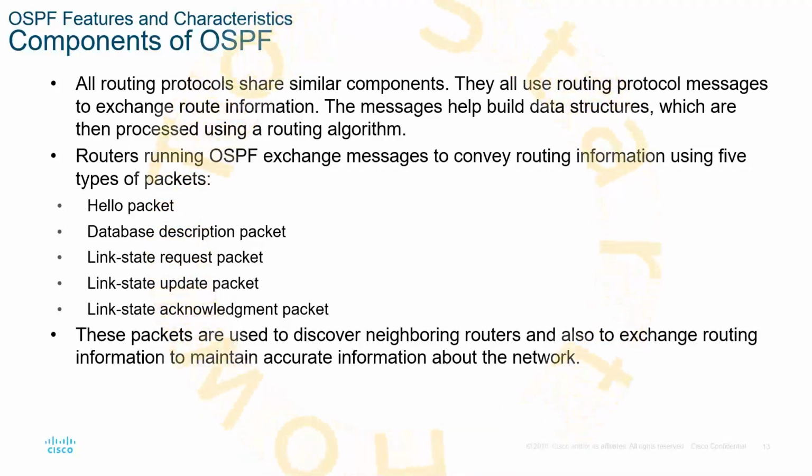The database description packet is used at the time of the adjacency being initialized. When one router learns about a neighboring router, that's the adjacency coming up, these packets are exchanged. The packets describe the topology database content.